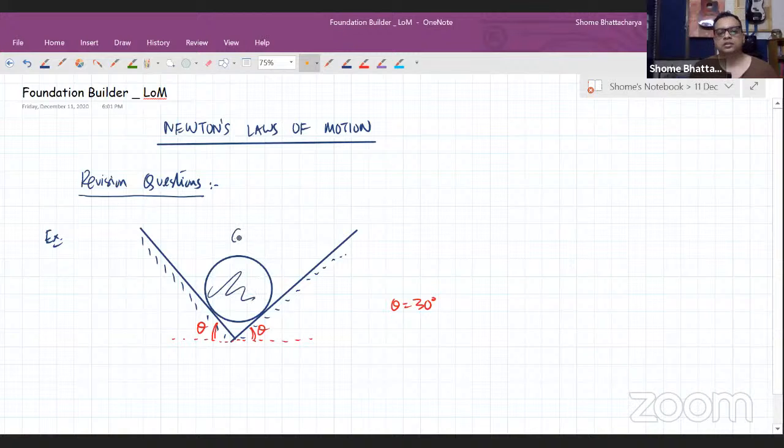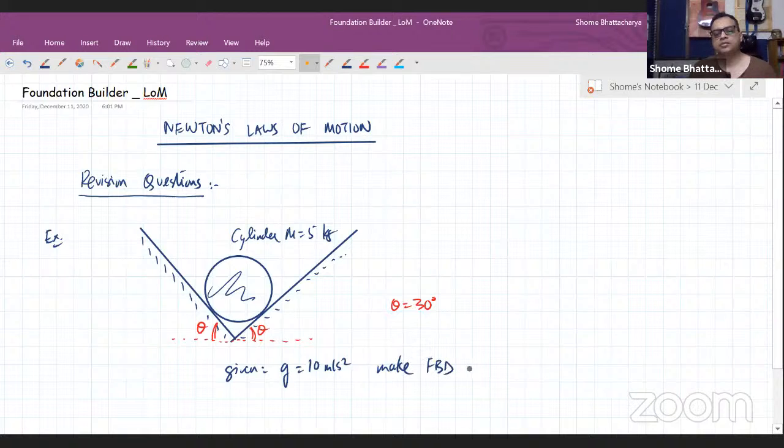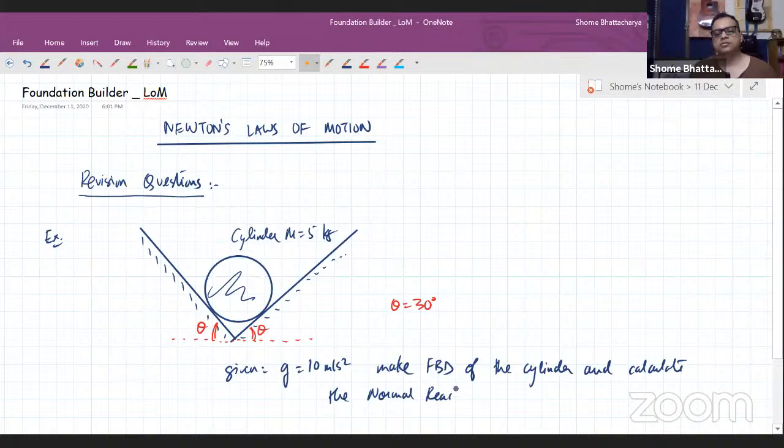So this is a cylinder of mass 5 kilograms. Given that acceleration due to gravity is 10 meters per second square, make the free body diagram of the cylinder and calculate the normal reaction due to each of the surfaces.